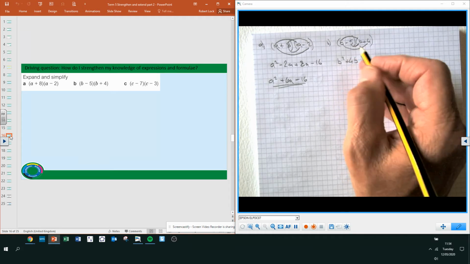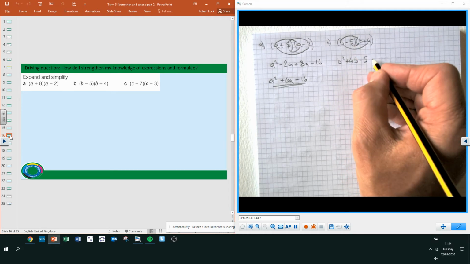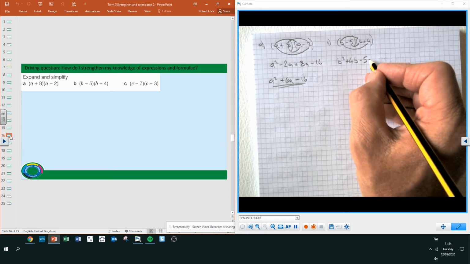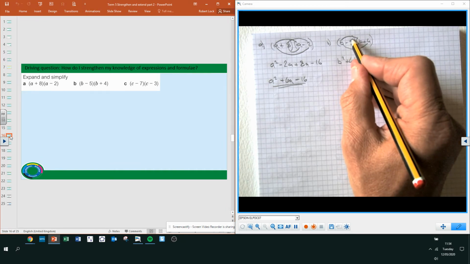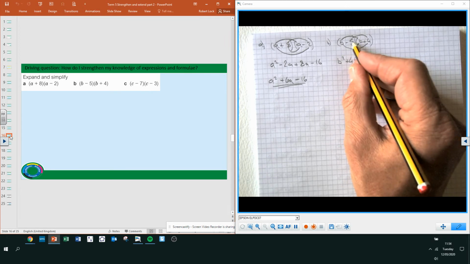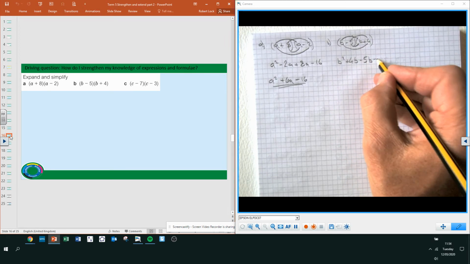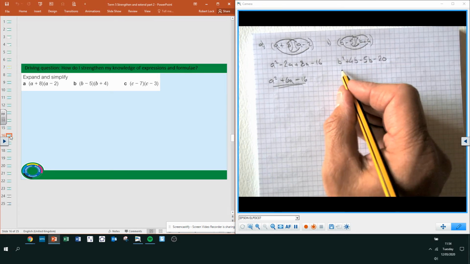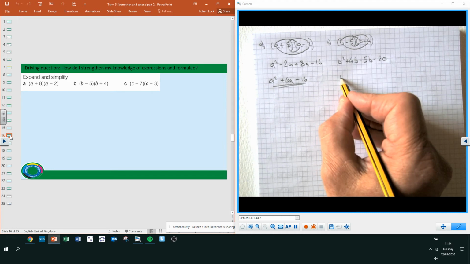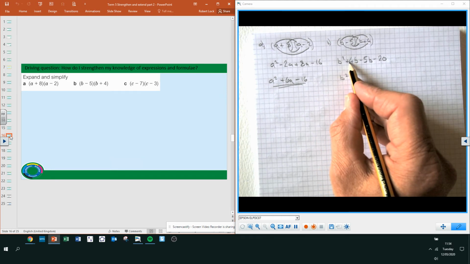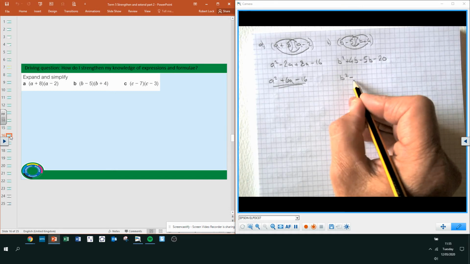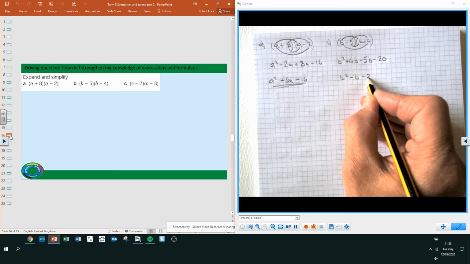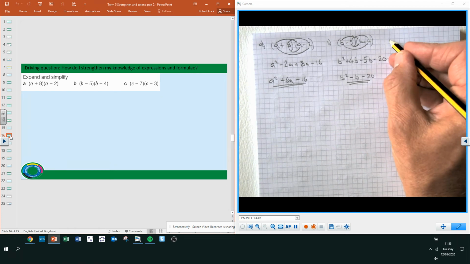Minus 5 times B is minus 5B. And minus 5 times 4 is minus 20. Working it out, B squared plus 4B take away 5B, which is minus 1B, minus 20.